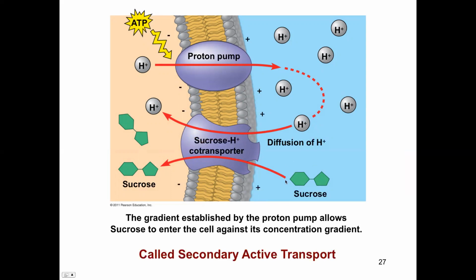This then allows for something called secondary active transport. So you're transporting something against its concentration gradient, but you're not using the ATP directly. The ATP was used at the primary active transport here. Hopefully that makes a bit of sense to you. This is why it's secondary.